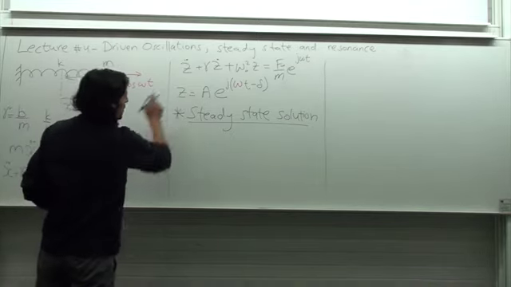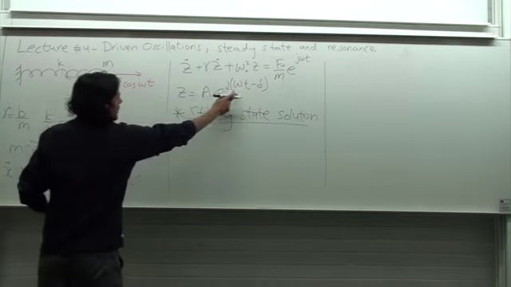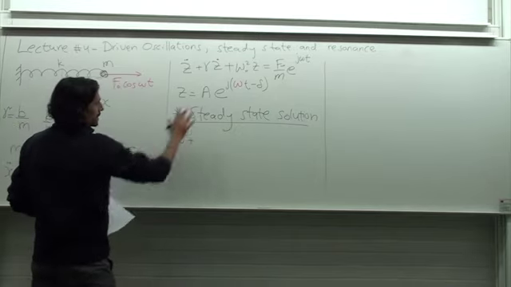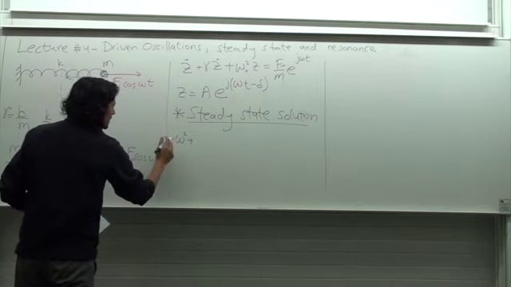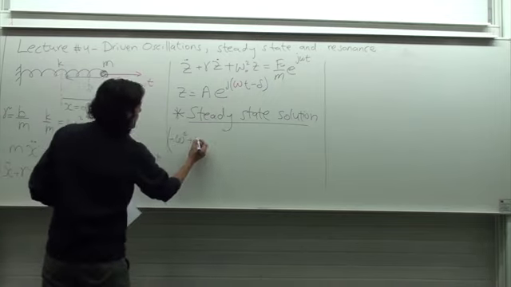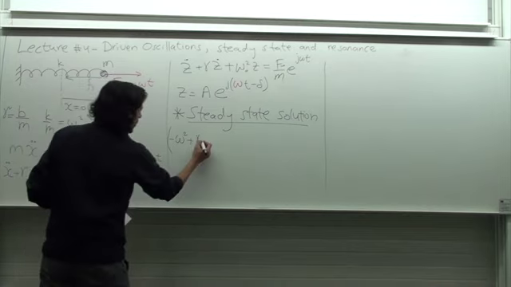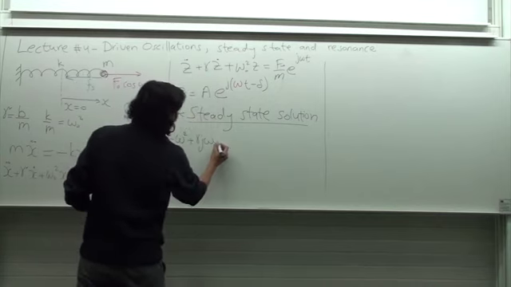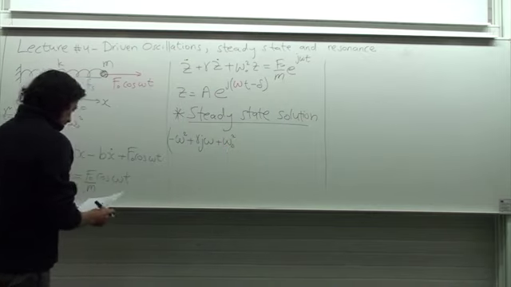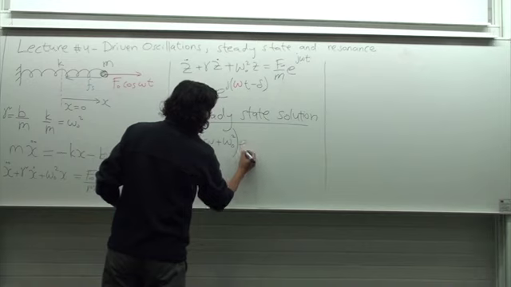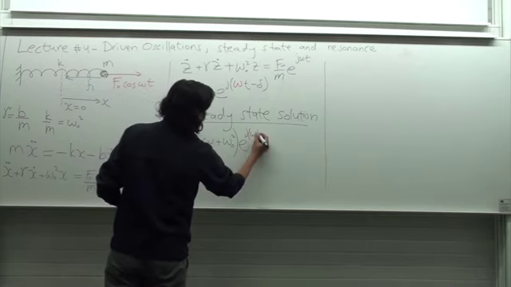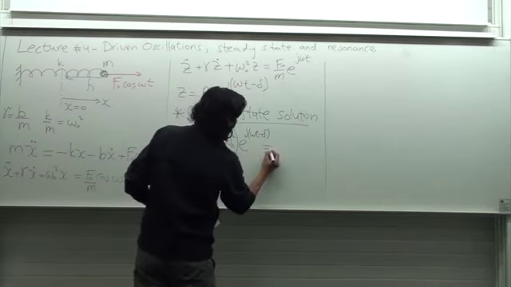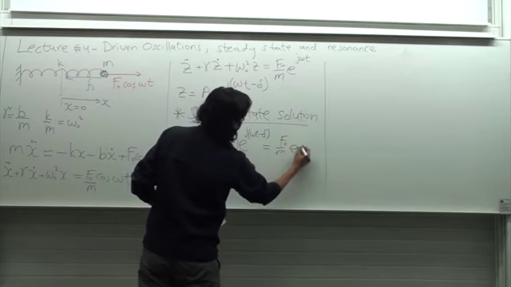We plug this trial function in. Let's do that. What we get is minus omega squared plus gamma times j omega plus omega 0 squared, and I'm going to leave the exponent for outside, times e to the power j omega t minus delta, and this is equal to F0 over m e to the power j omega t.